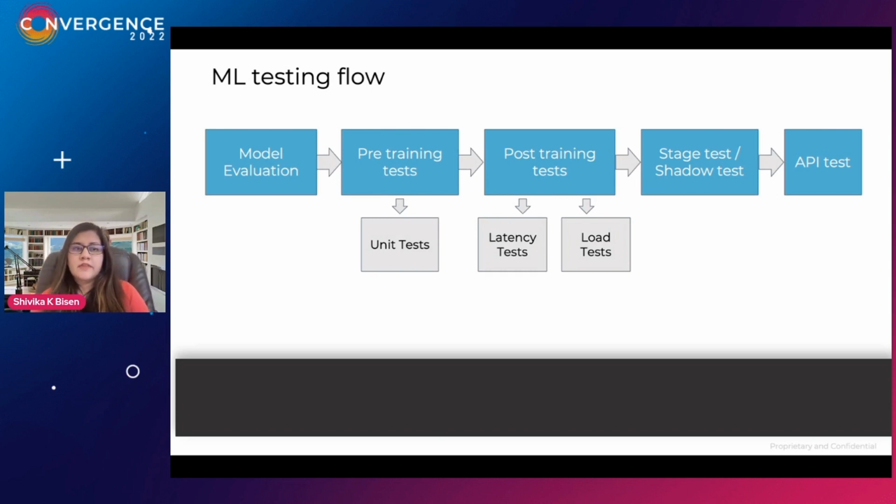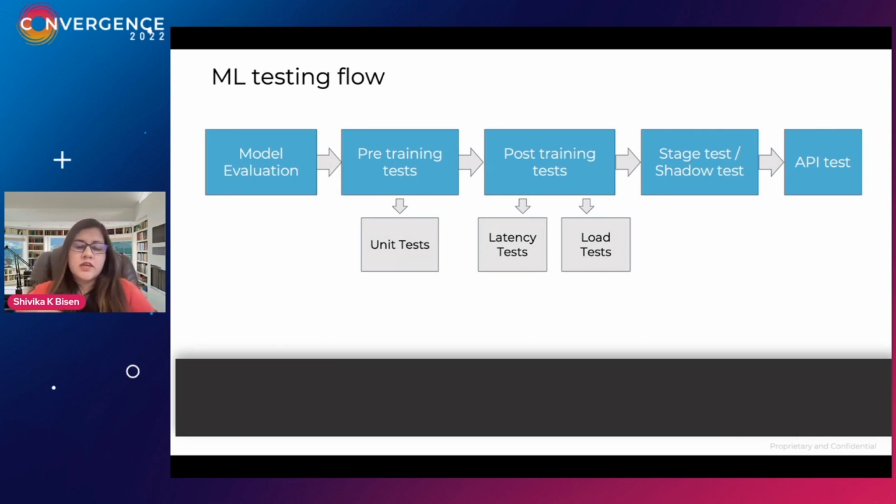So that brings us to, what should be the flow of machine learning testing? As we talked about, model evaluation is something that the data scientist works on. They evaluate the model and then give it a go ahead for production. Now, at the first stage of production comes the pre-training test, which is what we call a unit test.